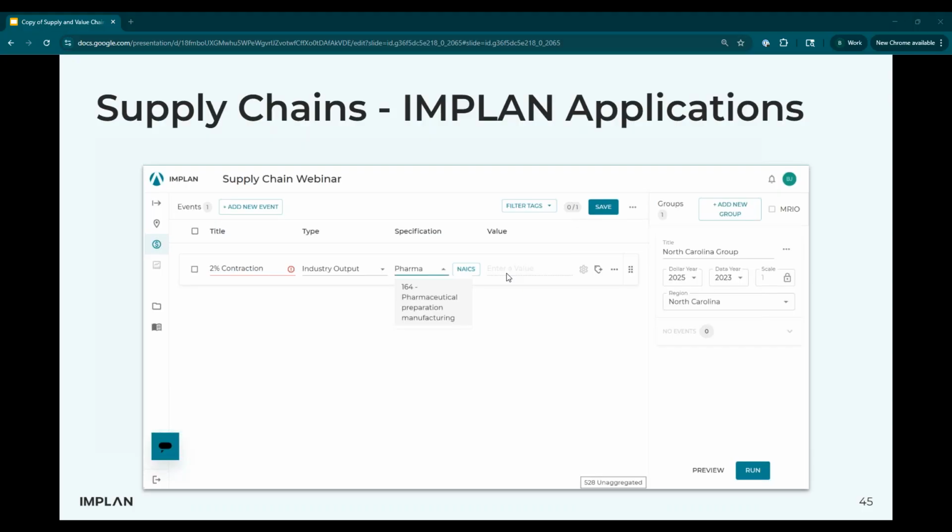The model itself is not structured to measure how much of a shock that will be. That's externally generated. But then what IMPLAN does do is it follows it through all of the different fingers of that supply chain to see how it reaches out into other parts of the economy and other regions in the country. Excellent question.